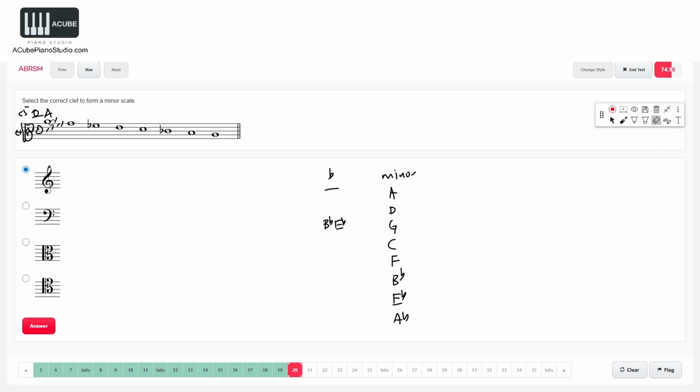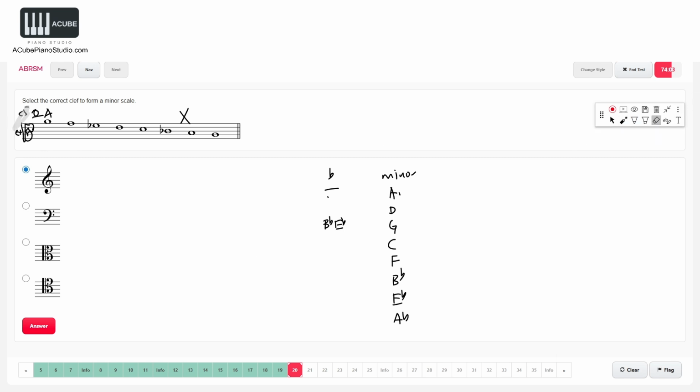If it's A in alto clef, this will be A minor. If it's A minor, it should have no flat and only sharpen the seventh note if it is harmonic. So it is out. You do not have E flat and D flat because there's no flat for A minor. So it can't be alto clef.